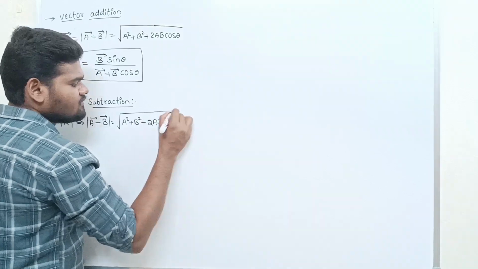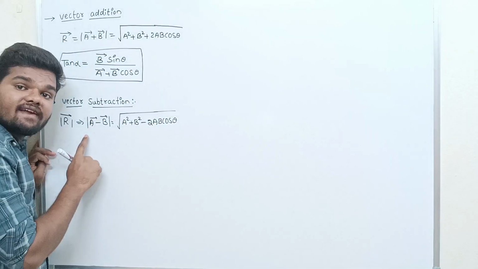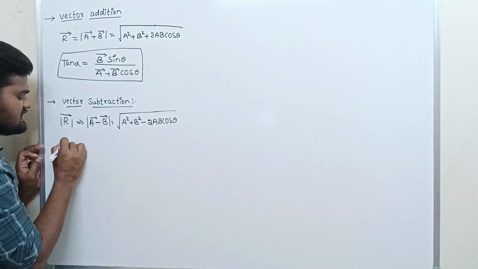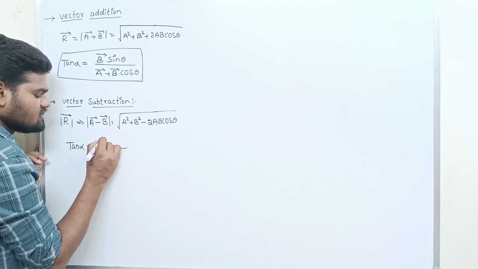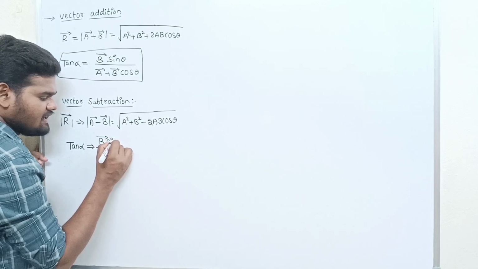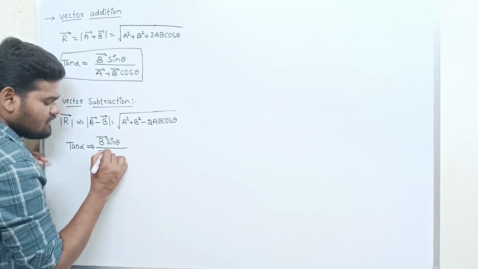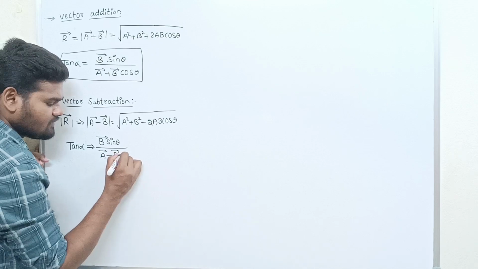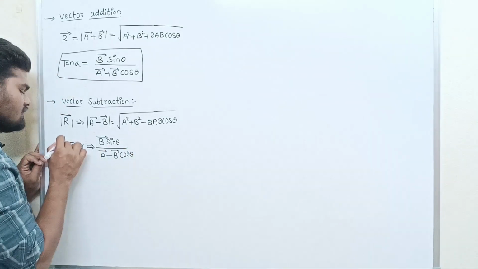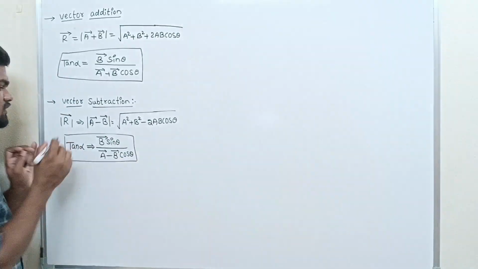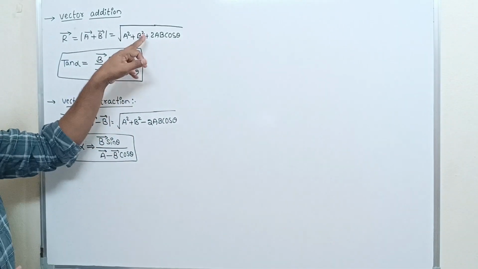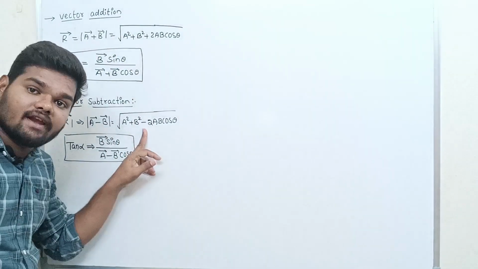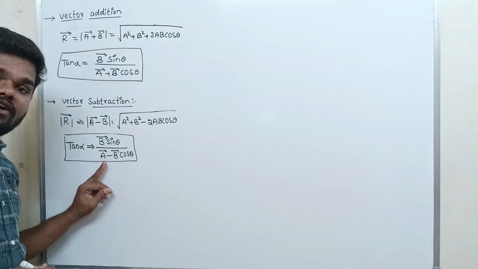And what is the direction of the resultant vector from the a bar vector? We get tan alpha is equal to b sin theta by a minus b cos theta. So the only difference between these two formulas, addition and subtraction, is that here we have plus, here we have minus.